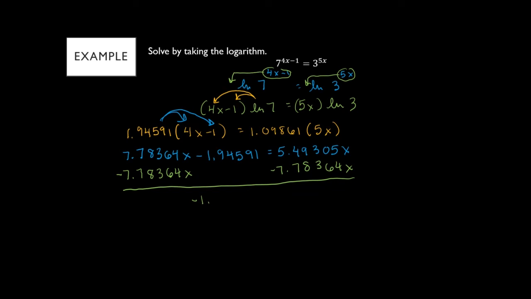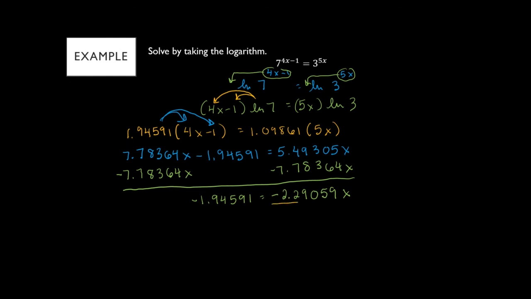So I got -1.94591. And then I got my 5.49305 minus 7.78364. I got -2.29059x.